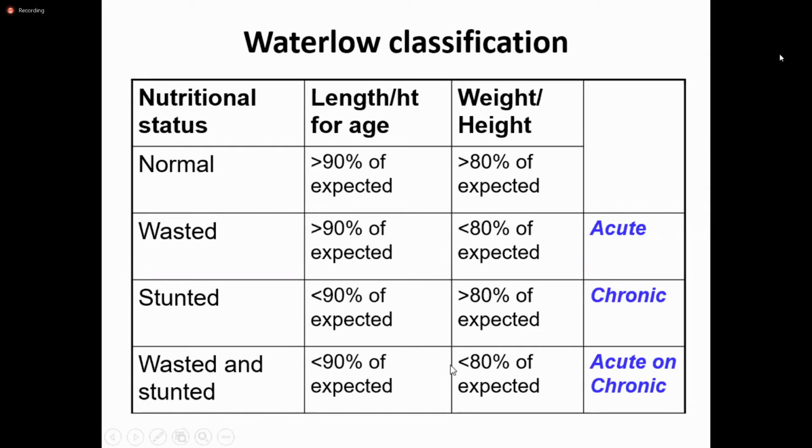But if both are reduced, height is also low, weight for height is also low, it means the child has chronic malnutrition. On top of that, there is some acute process which resulted in an increased level of malnutrition. Okay, so this classification helps you to tell about the malnutrition process.